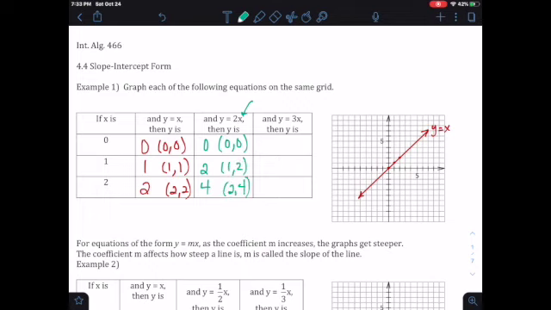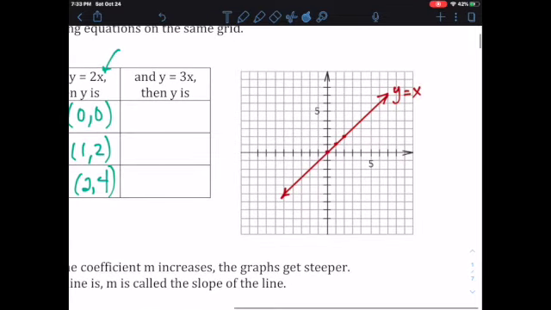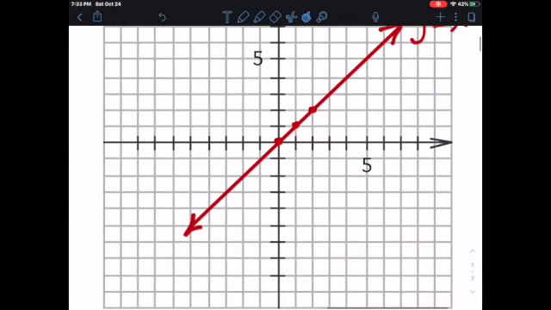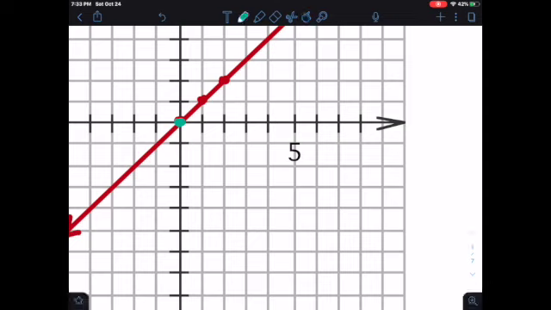I'm going to use the green to plot the line. So again, 0, 0, and then 1, 2, and 2, 4.